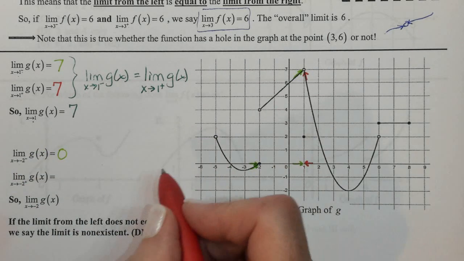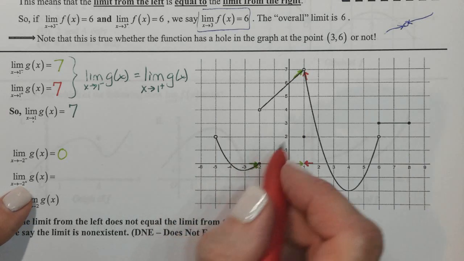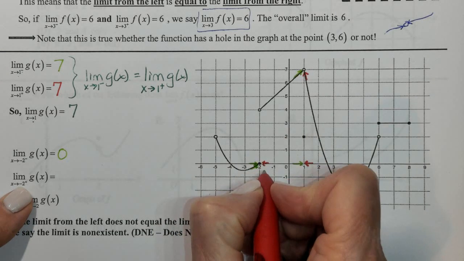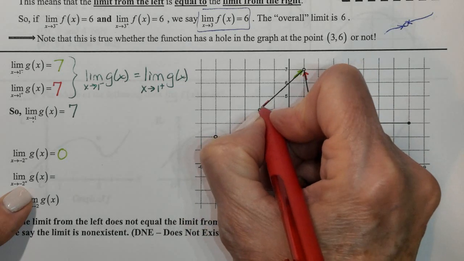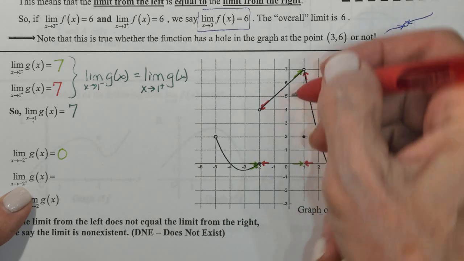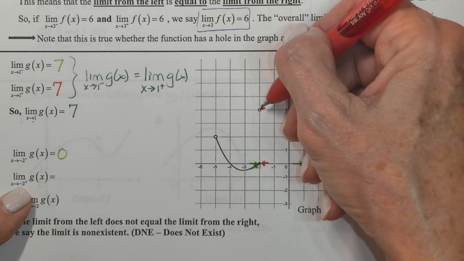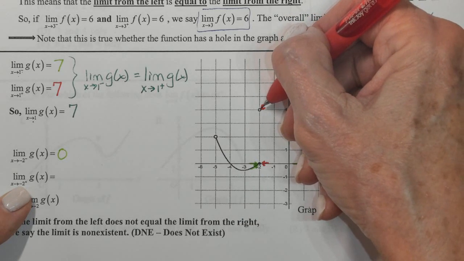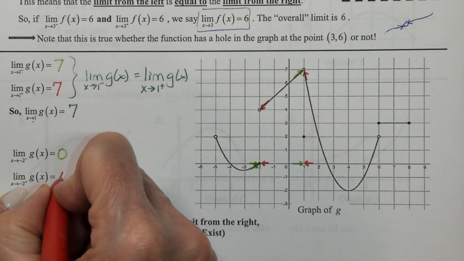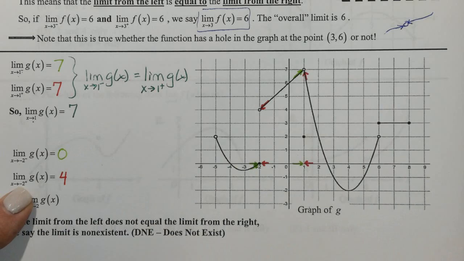What about on the other side? -2 on the right. Here's x approaching -2. What is y approaching? Y is approaching 4. It's coming from above 4, like 4.000000001, but it is approaching 4. So we say that that limit is 4.